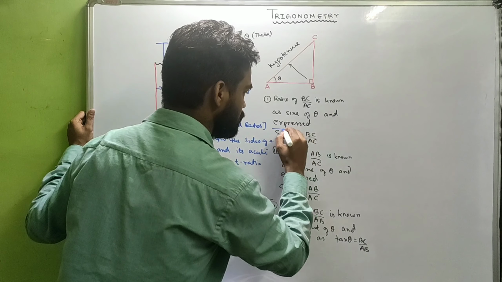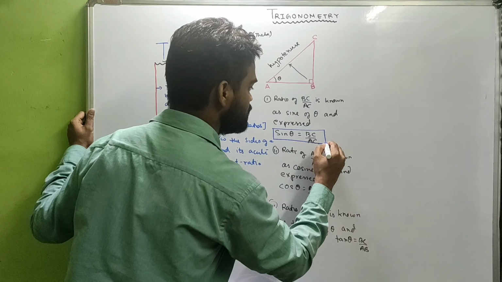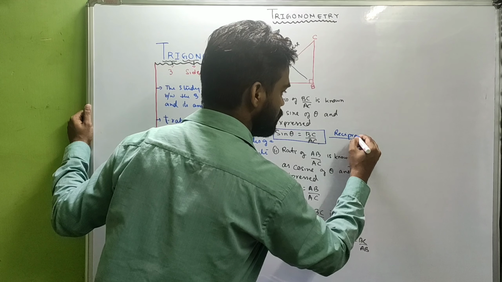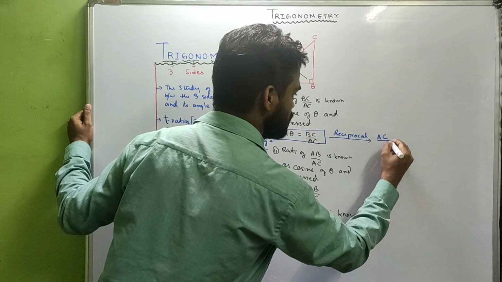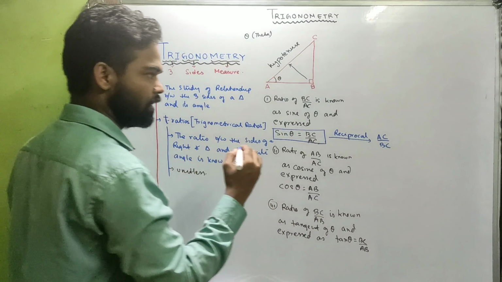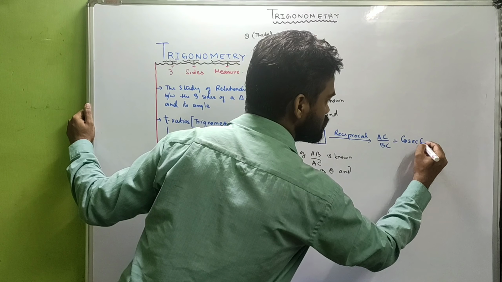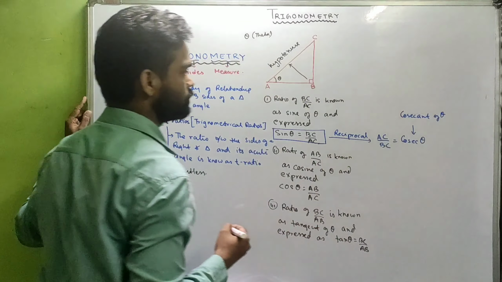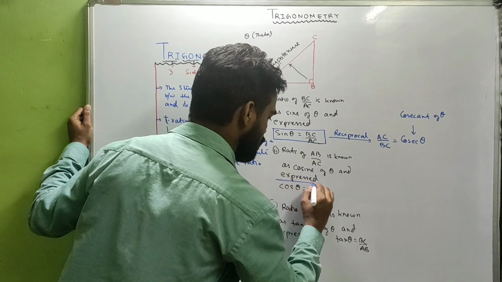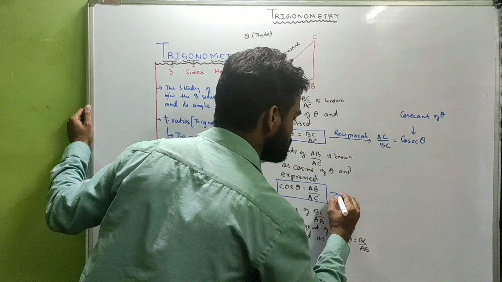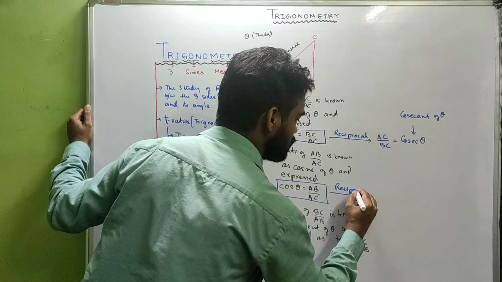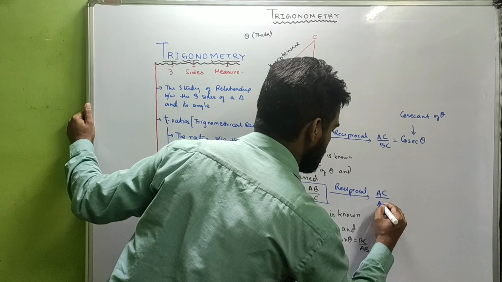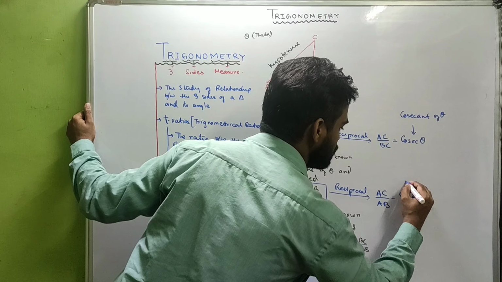What do I mean? Sine theta is BC by AC, which means the reciprocal of this, which means AC by BC, is cosec theta, which is cosecant of theta. Okay, the reciprocal of cos theta, which means, look over here, the reciprocal of cos theta is AC by AB, and that is known as sec theta.